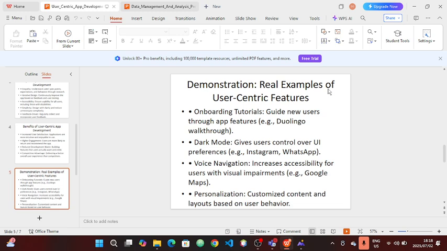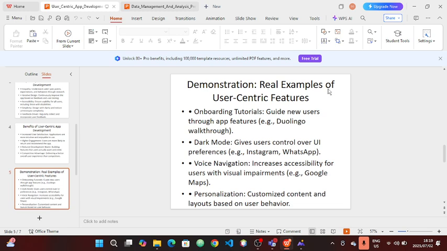And we also have personalization. You can customize content and layouts based on the user's behavior. So from what I'm getting, when you build something, users must be able to add their personality.